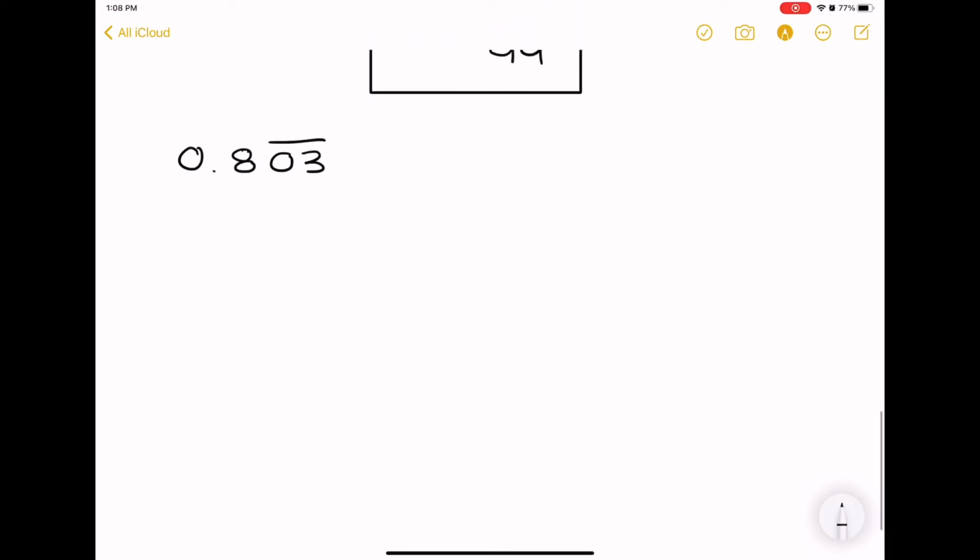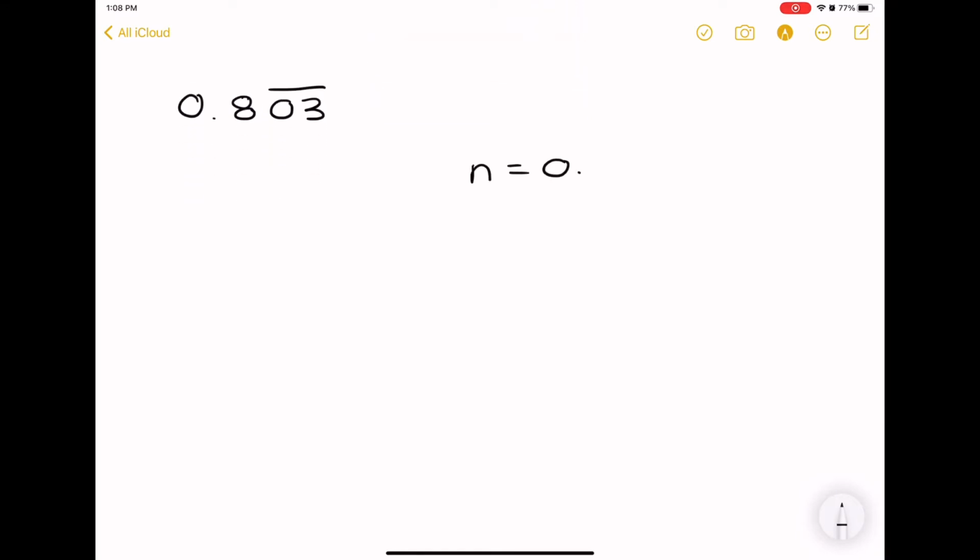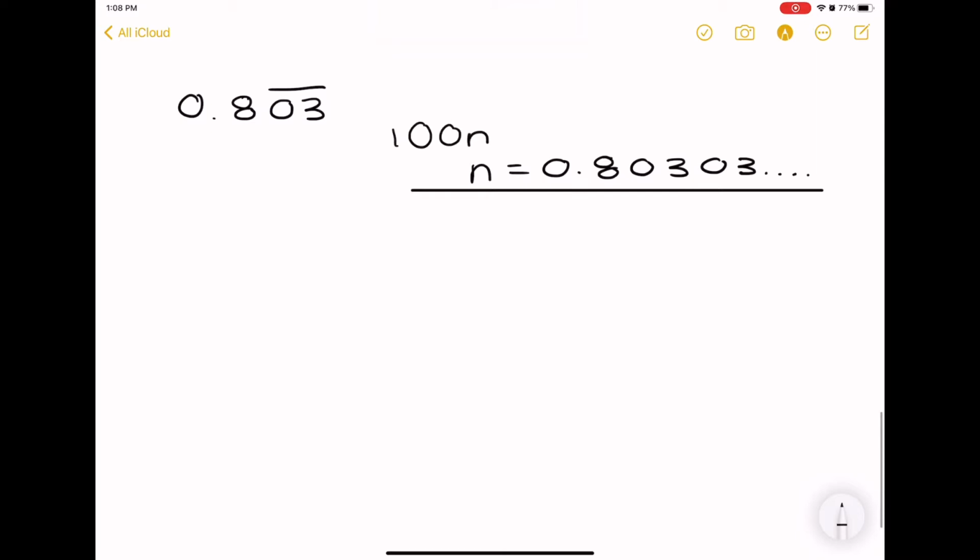Now there's sometimes where if you multiply by 100 or 10, either way, it's not going to be perfect. The tails aren't going to subtract perfectly. However, you'll still do it the same exact way, except you will have some decimal part, but you just simplify that.